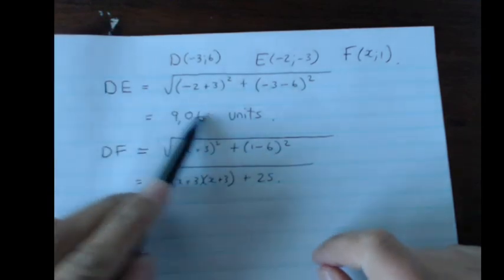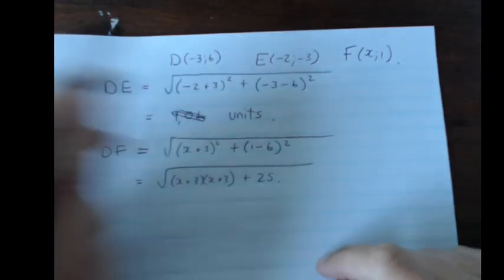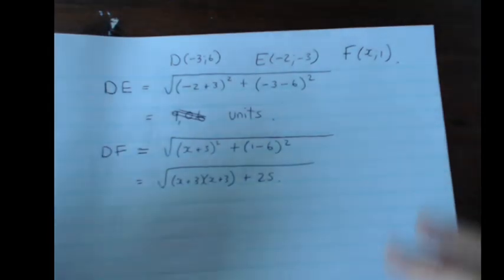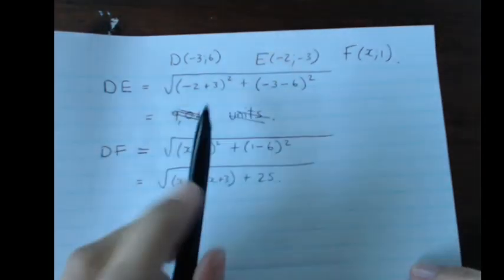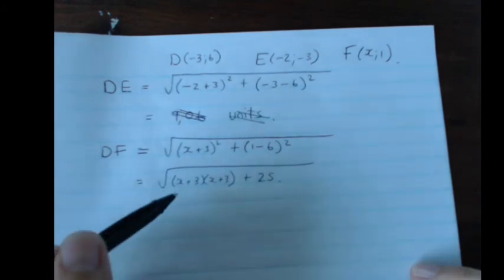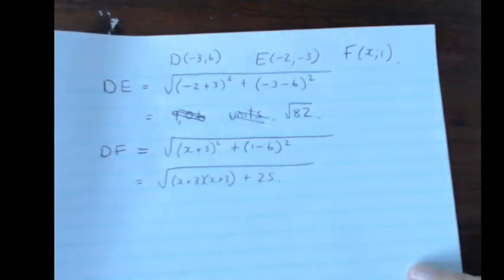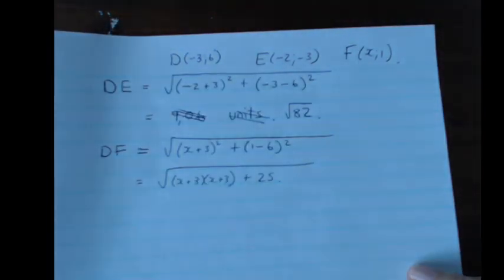I wonder if I shouldn't maybe leave that in root form, just to make the rounding accuracy issues less. That was 1 squared and 9 squared, so 82, root 82. Let me just double check that quickly.